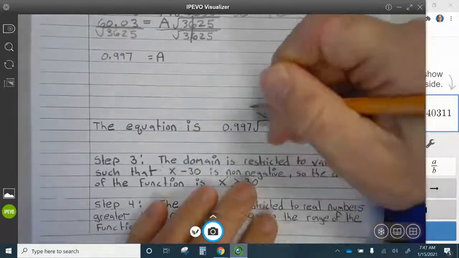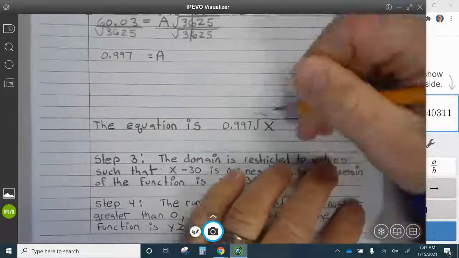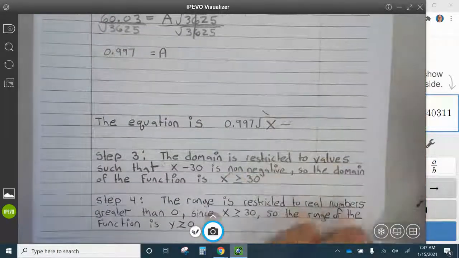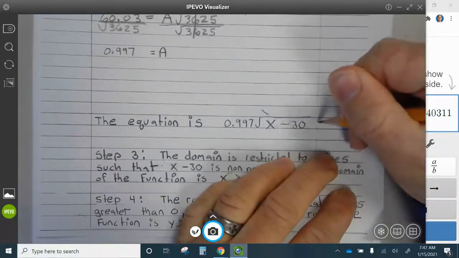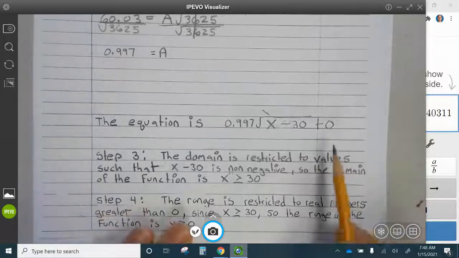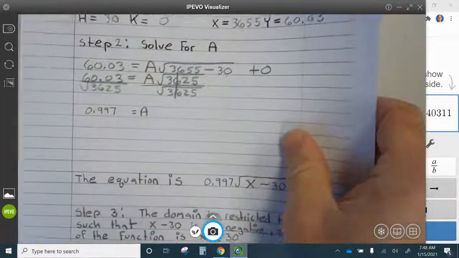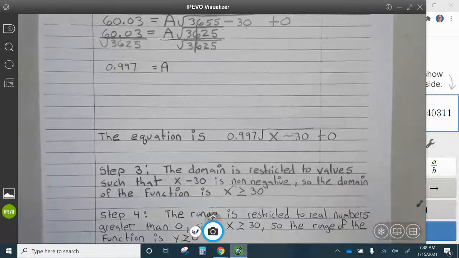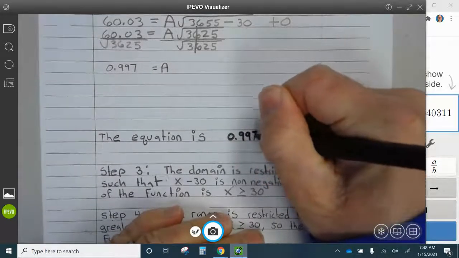That was almost a mistake. X minus h, which is 30, and then plus 0. I don't think in HRW you're going to have to put the plus 0. So my assumption is that this is what you're going to put in as your answer.